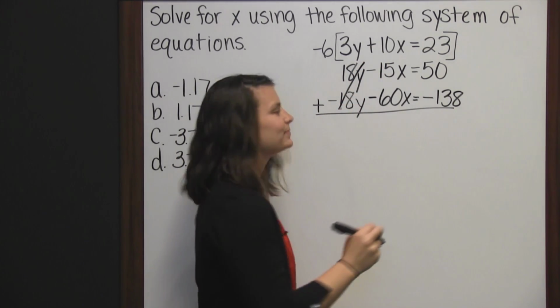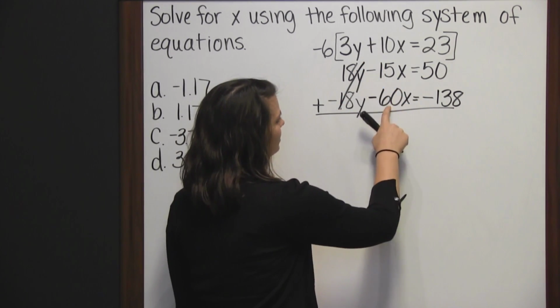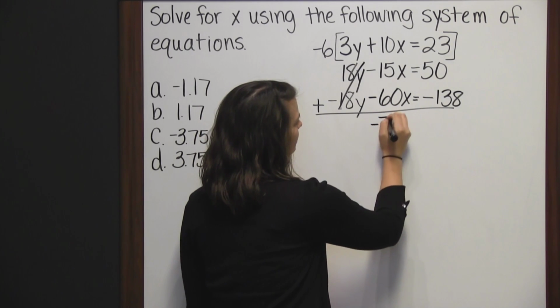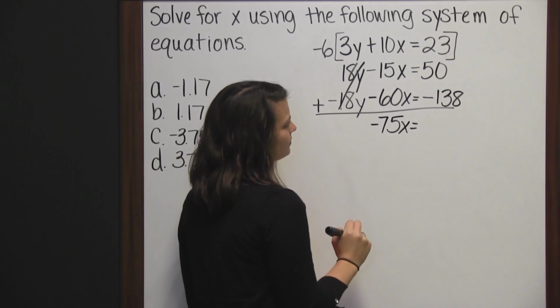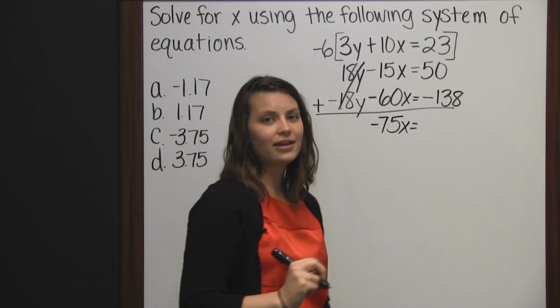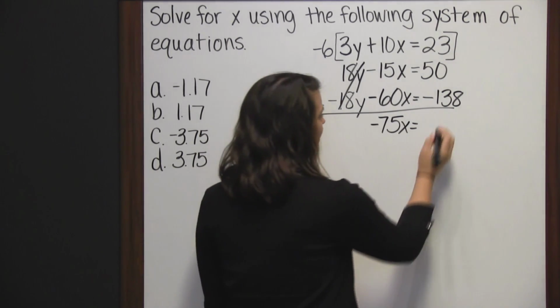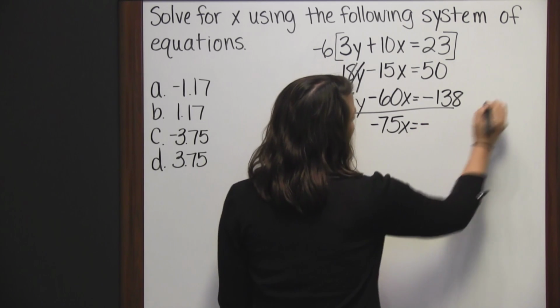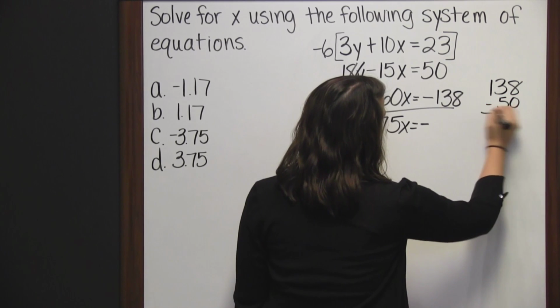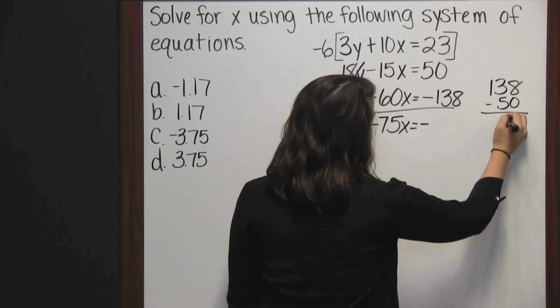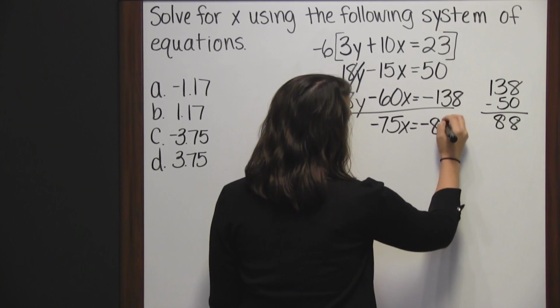They cancel. Negative 15x and negative 60x is negative 75x, equals negative 138 and 50. When I add those together, I'm going to get a negative, and I can subtract off to the side here. That's 8, and 13 minus 5 is 8, so negative 88.